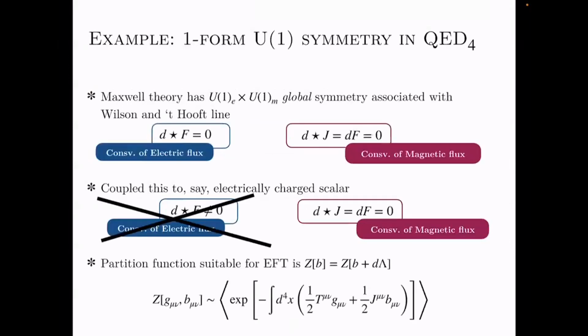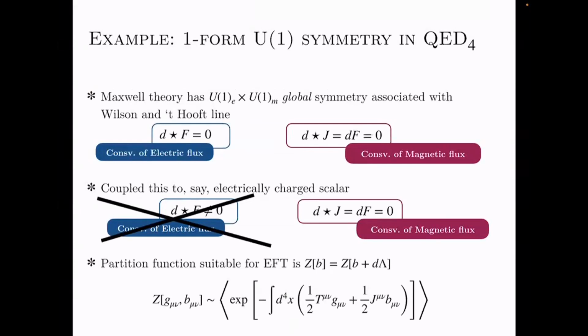All right, so there is an example that we just talked about, a four-dimensional theory with the one-form U1 in QED4. When we look at Maxwell theory, we can ask what is the global symmetry of Maxwell? There's no gauge symmetry, and let's forget about translation and rotation.